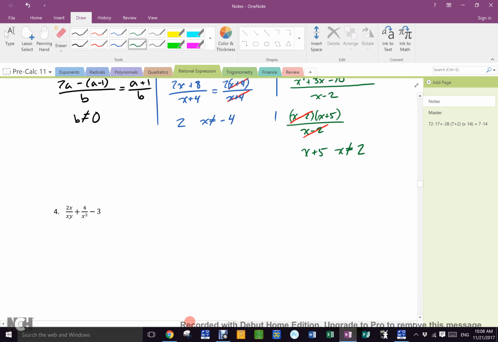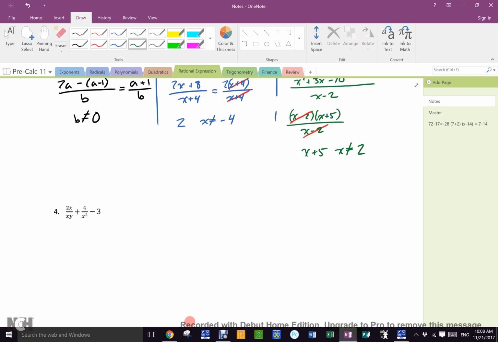What is different in 4? We don't have a common denominator. Right? So step 1 is do any simplifying we can. Can I do any simplifying anywhere? Is there anything the same on the top and on the bottom? Just like we've done for the past 3 days.